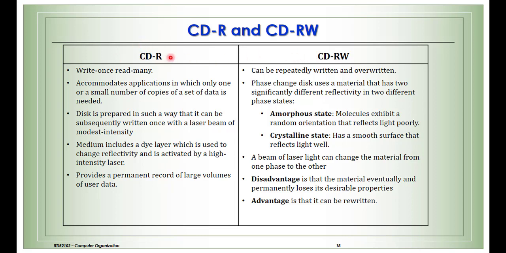So the CD-R normally could be used for creating fixed data, for example, to be distributed among people, so we can use the CD-R to store permanent data that we don't need to change later. But the CD-RW could be used to rewrite, to delete the data and write again.